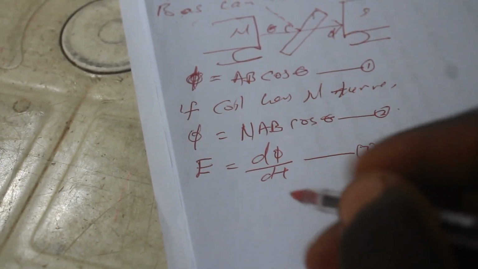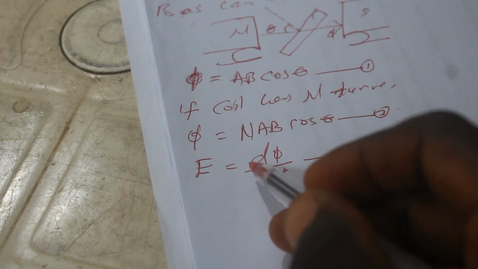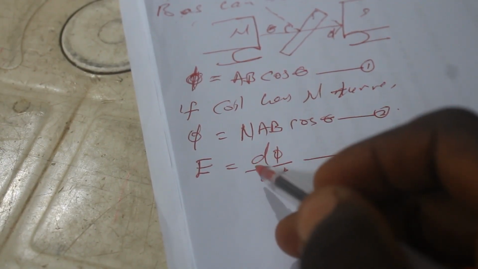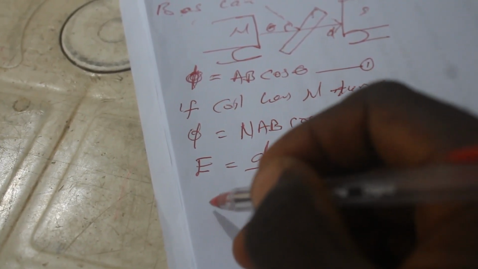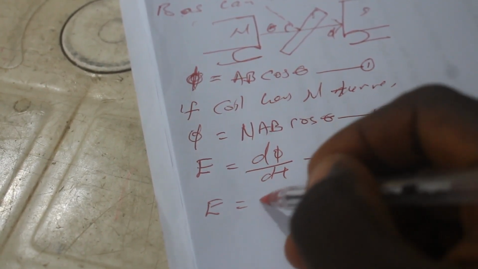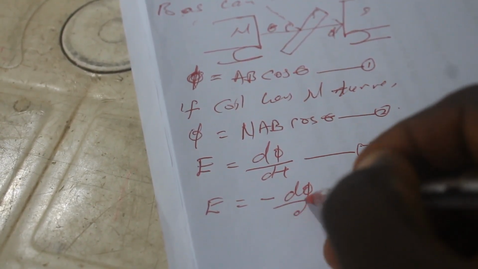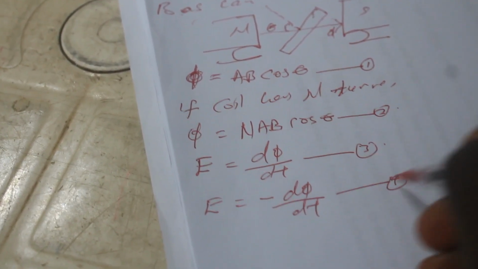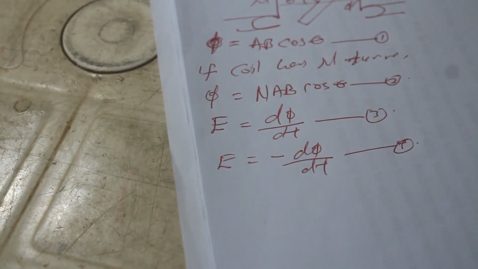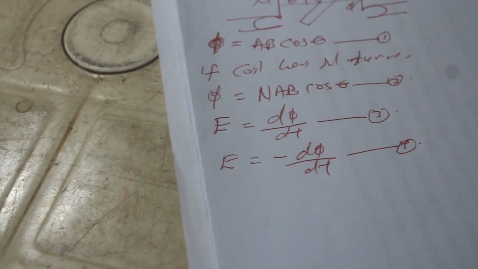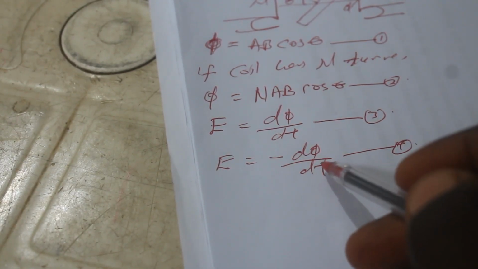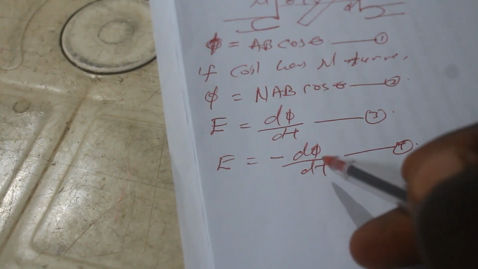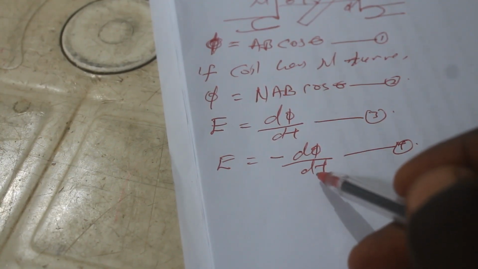Now, Lenz's law also gives the direction of this induced EMF, and so it is equal to minus delta phi over delta t. Equation 4. So equation 4 is a combination of both Faraday's law of electromagnetic induction and Lenz's law.